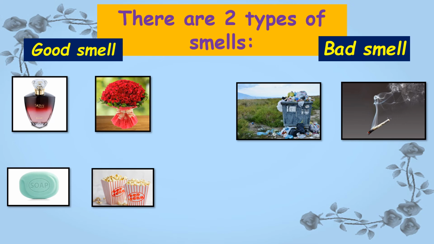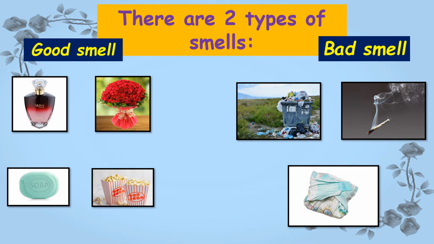When there is fire or something, we can smell it and it's not a good smell. And this is a diaper. Do you think it has a good smell? Yes, it is a bad smell. And there are so many other things which smell bad. So because of the sense of smell, we can differentiate between good smell and bad smell.